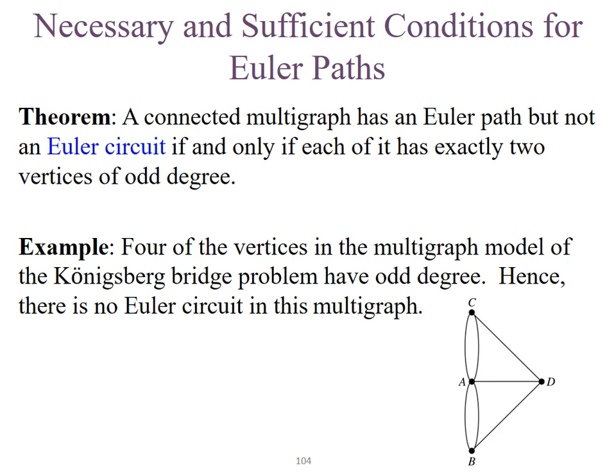If you look at this graph carefully, the degrees of A, B, C, D are 5, 3, 3, 3. They are all odd degrees. So by these two theorems, we can see we cannot find an Euler path or Euler circuit in this graph.